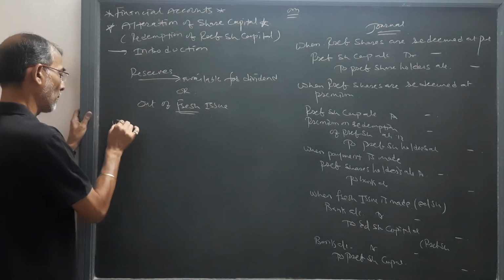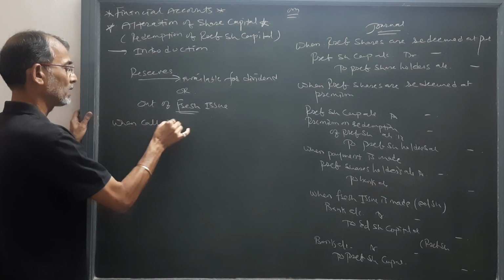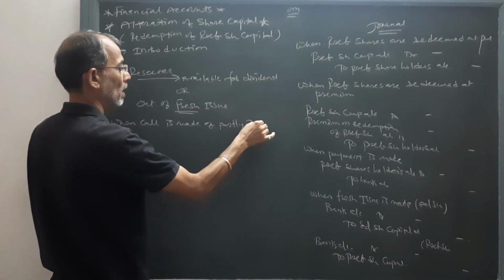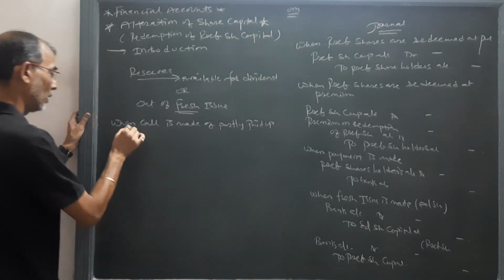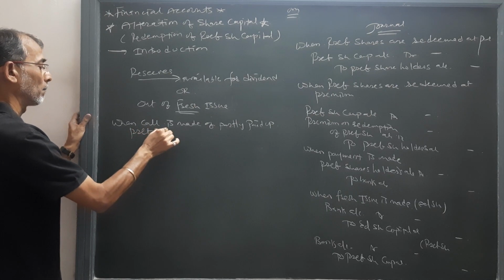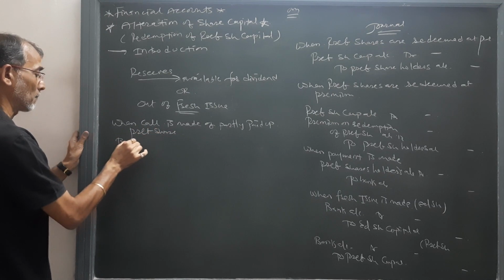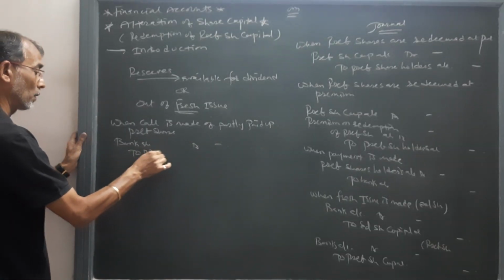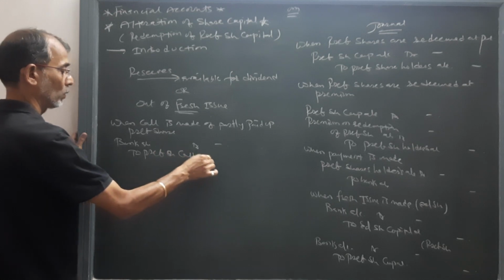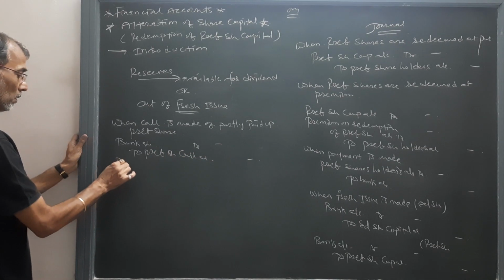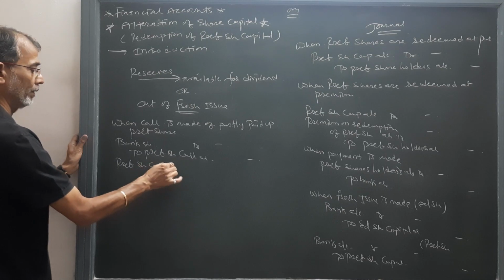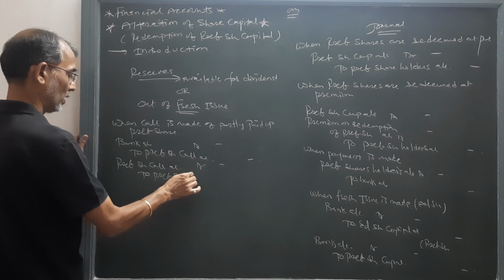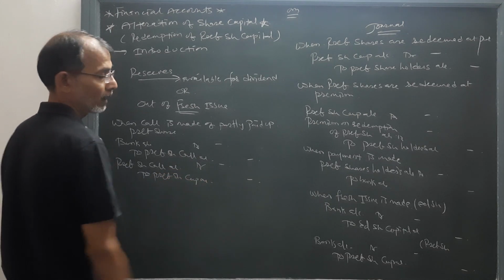So when a call is made on partly paid up preference shares, bank account debit to preference share call account, and preference share call account debit to preference share capital account.